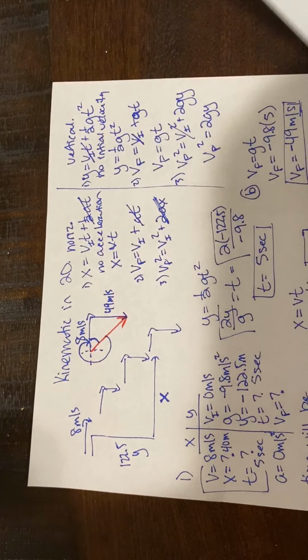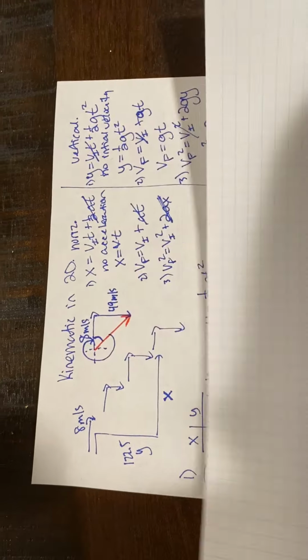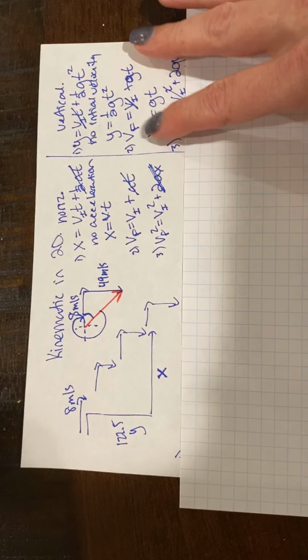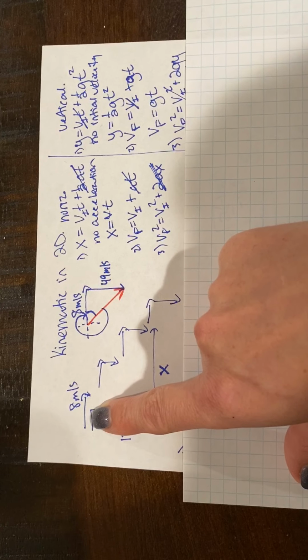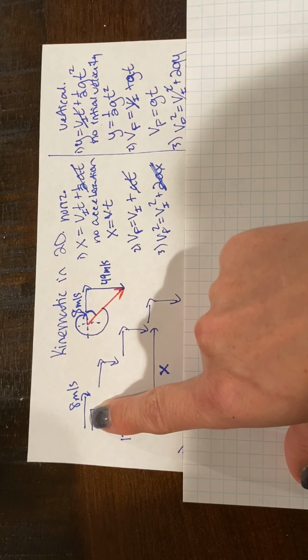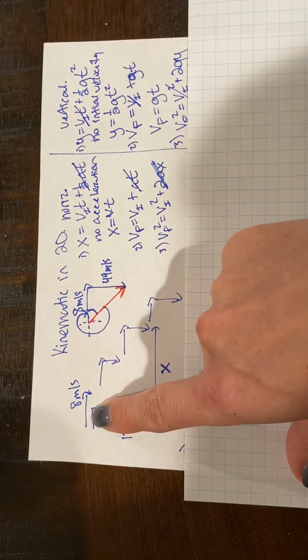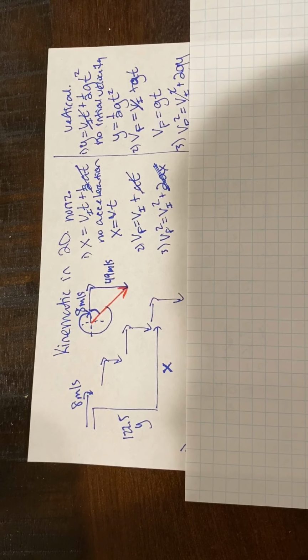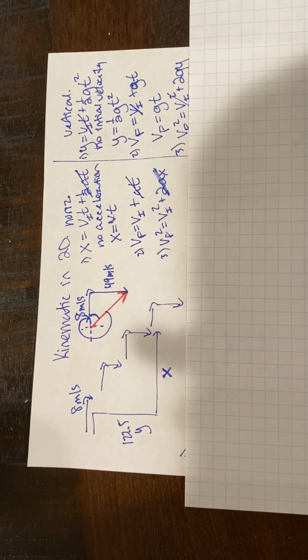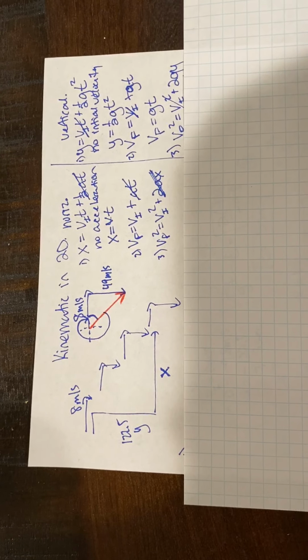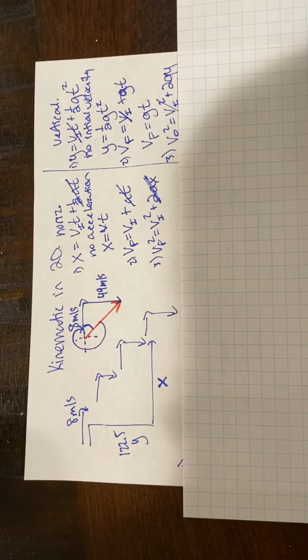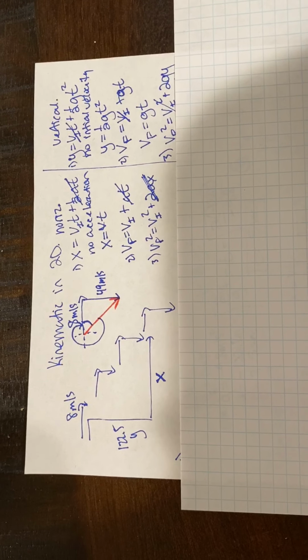So I set up an initial problem, number 1, that's on your work for today. The problem says an object has an initial velocity of 8 meters per second. When the question says I have an initial velocity, it is implied that it is in the horizontal direction if you're doing a horizontal launch.